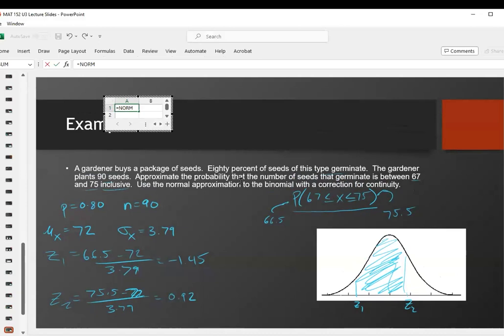Equals NORM.S.DIST, we want to subtract, the higher z value, 0.92, minus NORM.S.DIST, the lower z value, negative 1.45. That gives 0.7477, or 74.77%.